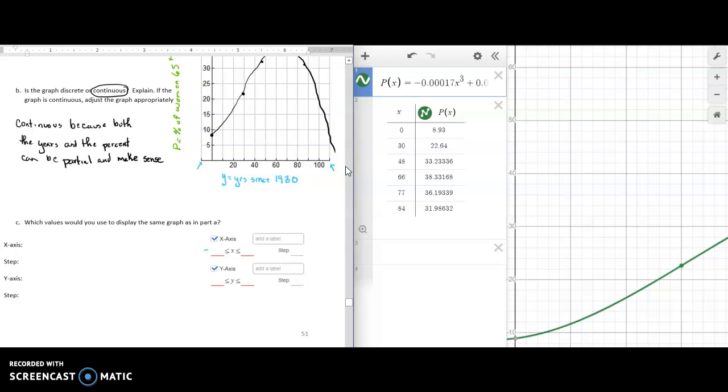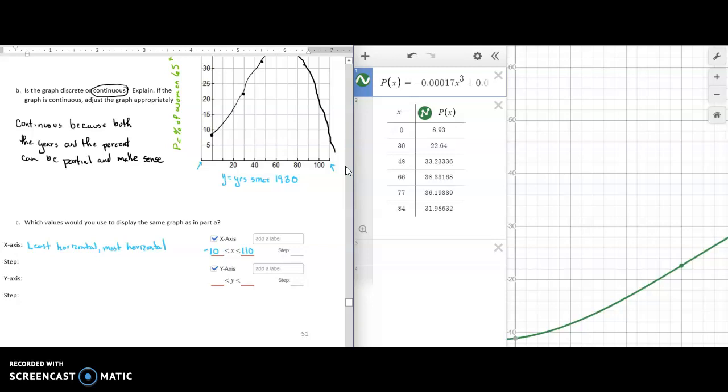So I'm going to put in -10 because this is exactly what we're going to do in Desmos, and this goes to 110. The first is the least on the horizontal axis, and then the greatest on the horizontal axis.